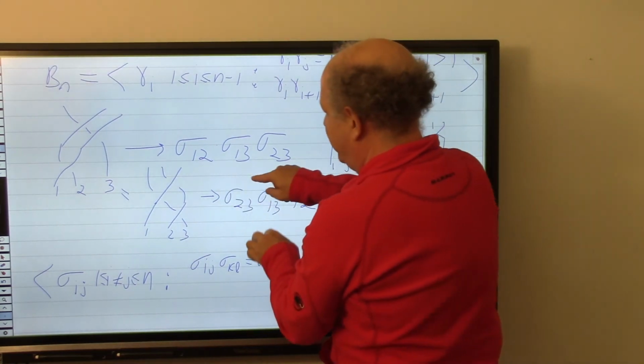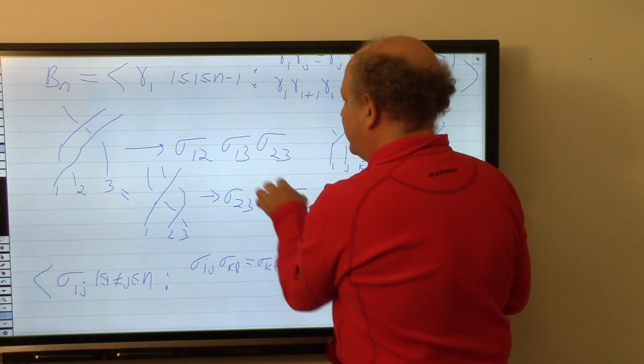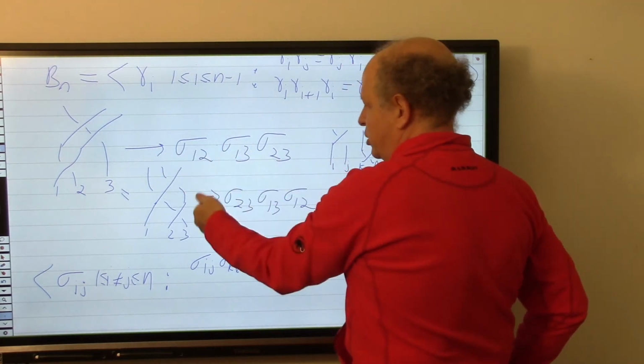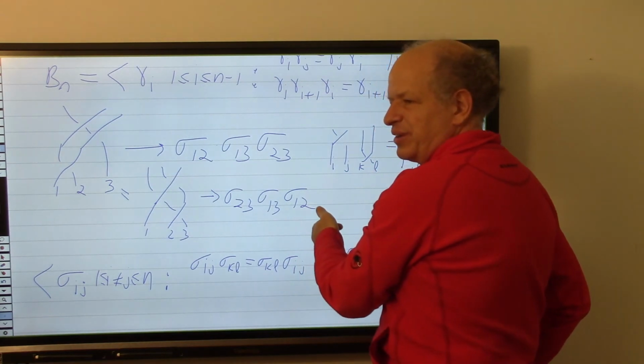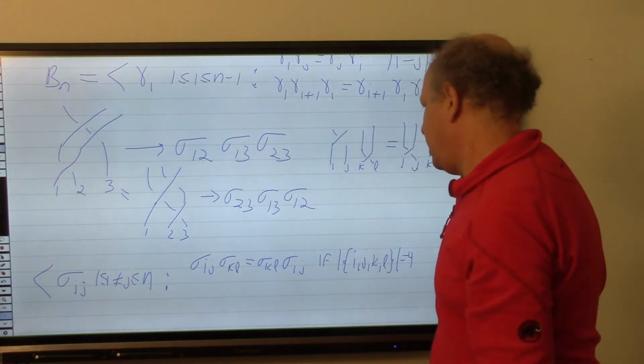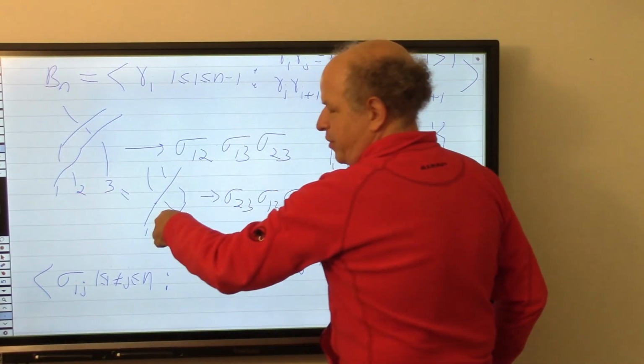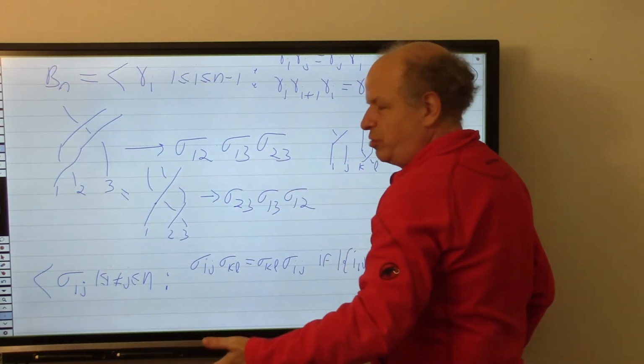So the two sides are just, one is the transpose of the other, basically you read this one backwards and you get this one. Okay? But of course, I wrote it with strands 1, 2, and 3, but it could have been any 3 strands.